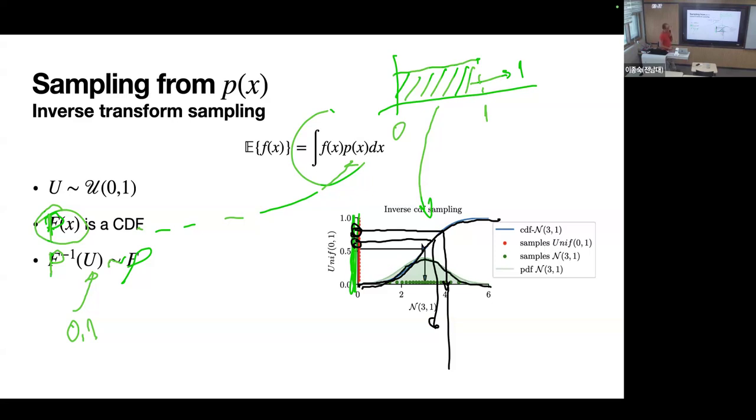This is how our computers generate random numbers. The issue is that we need to know the cumulative distribution function and its inverse. If we know it, then maybe we can even try to solve this integral. In many cases, we don't even know this, and we would like to sample from that distribution.